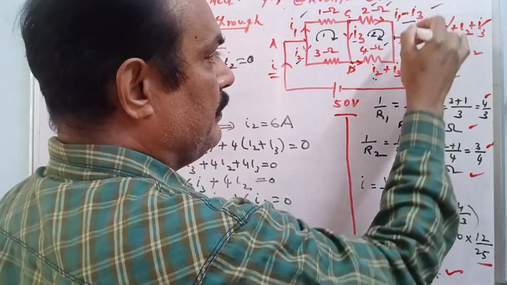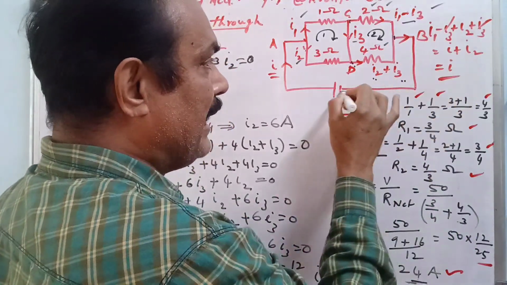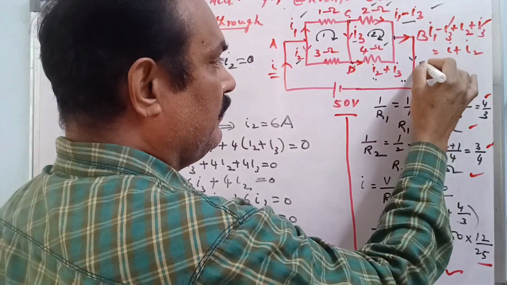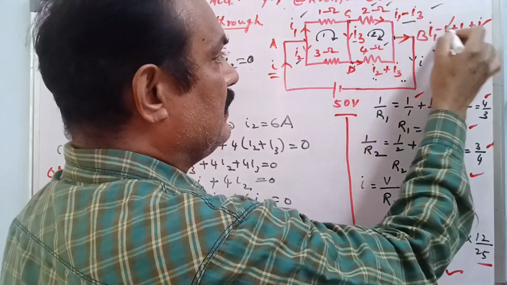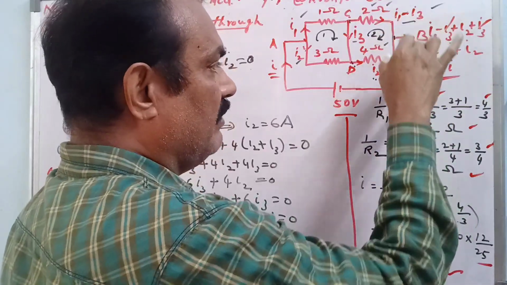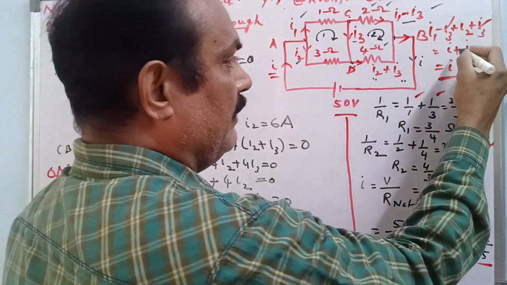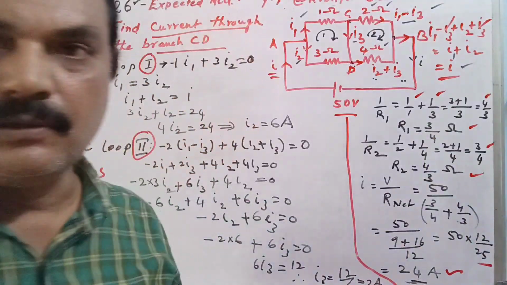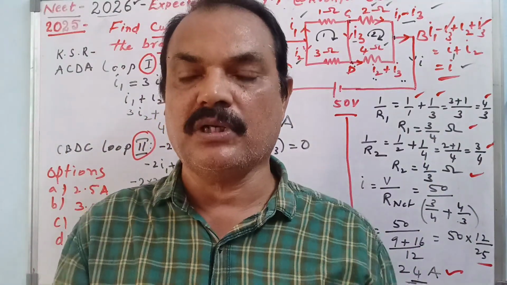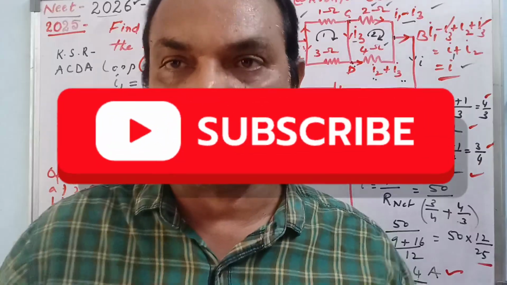How much current will go through this back? Again the same current I. Why? Because you add this and this: I1 plus I2 will become I. So that means our distribution of current is correct.